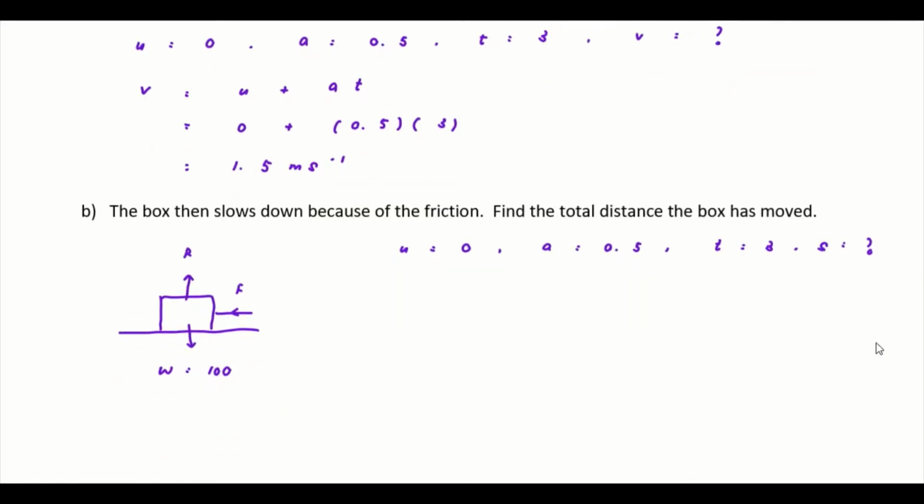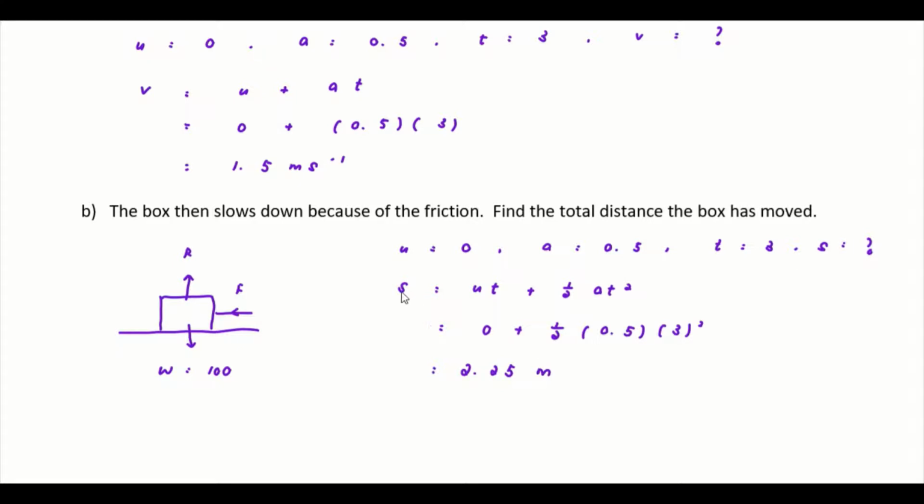Okay, so by using the formula S equal to UT plus half AT squared, I can get 0 plus 1 over 2 times A times 3 squared. So from here, 9 times 0.5 over 2, so 2.25.